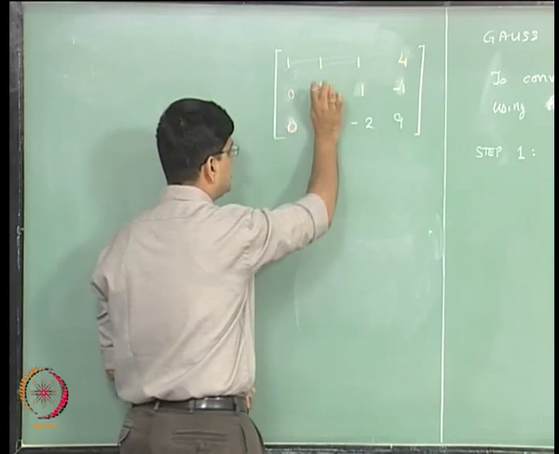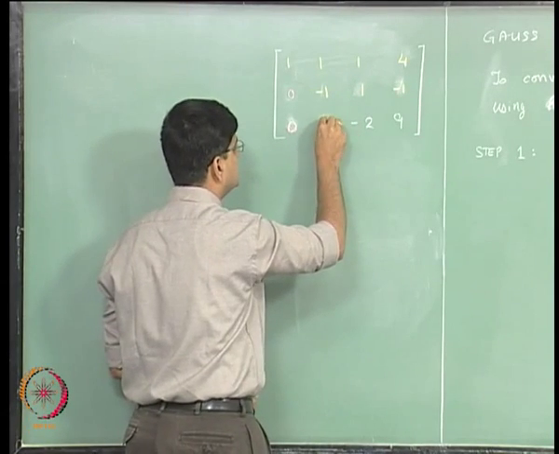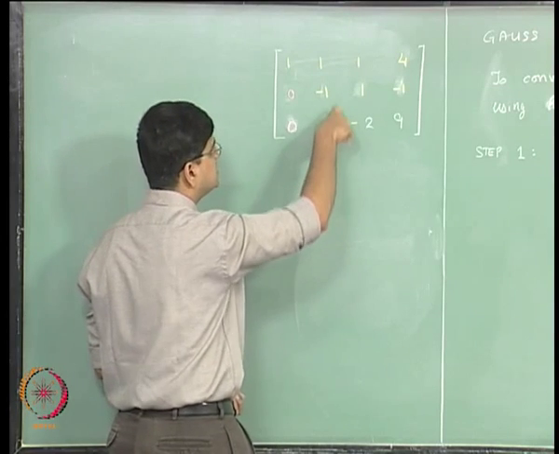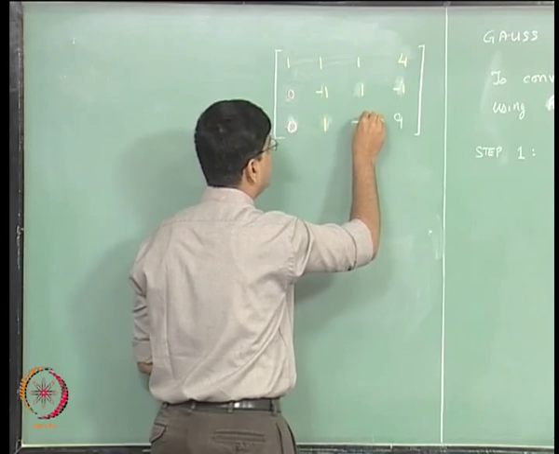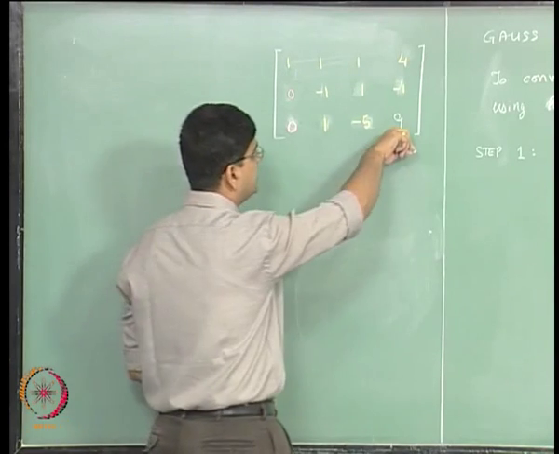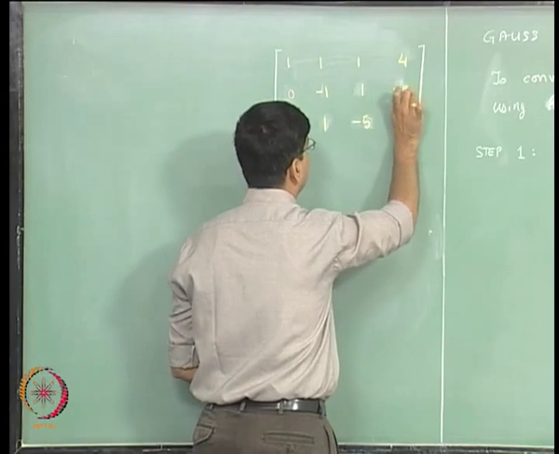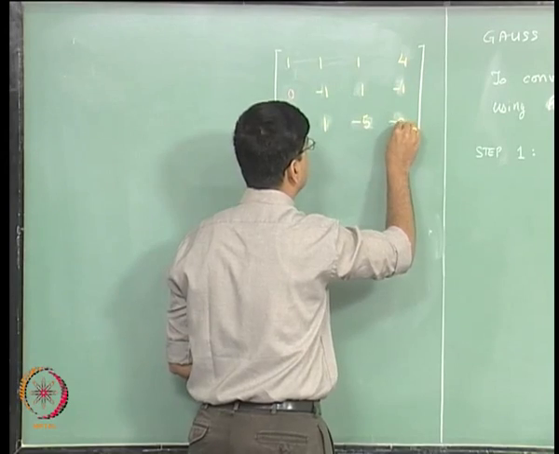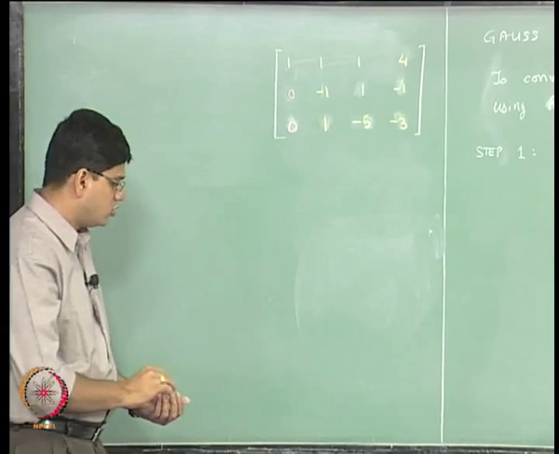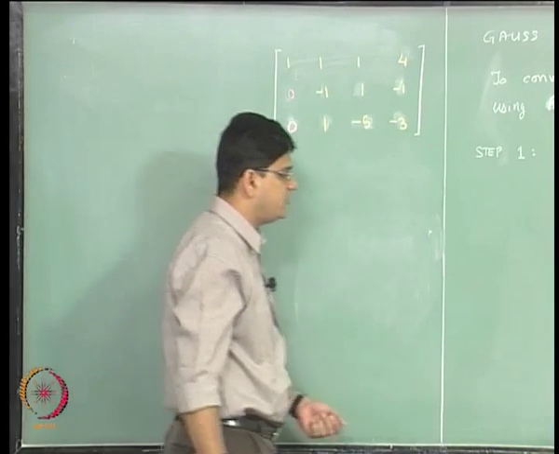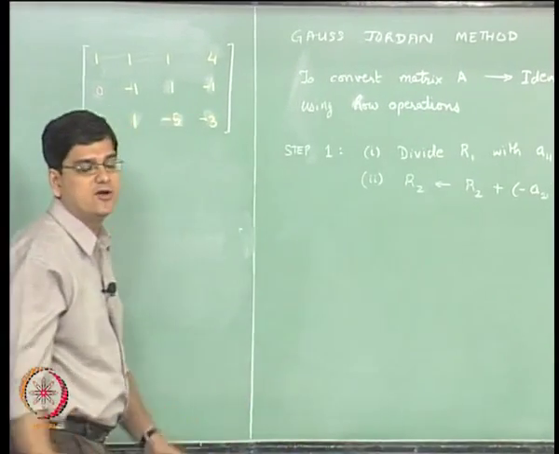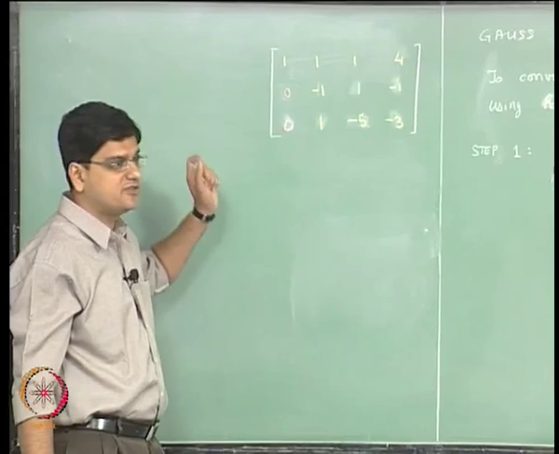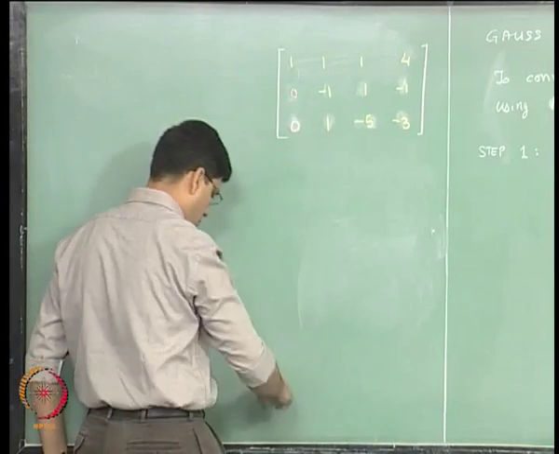4 minus 3 we will get as equal to 1, minus 2 minus 3 we will get as minus 5, again this is same as before, and 9 minus 12 we will get equal to minus 3, okay. So the difference that we find between the Gauss elimination step and the Gauss Jordan step in step 1 is what I will show.